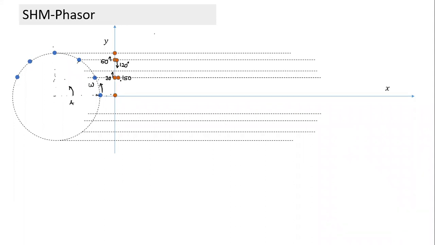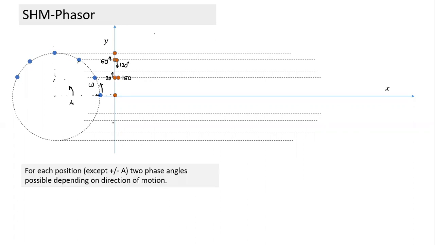The moment we see the position of an object undergoing SHM, our mind should be able to find out the phase angle. Anything on the positive side, the phase angle will be 0 to 180. Anything on the negative side, the phase angle will be 180 to 360, or 0 to minus 180. For each position, except for the extreme positions, two phase angles are possible depending on the direction of motion.